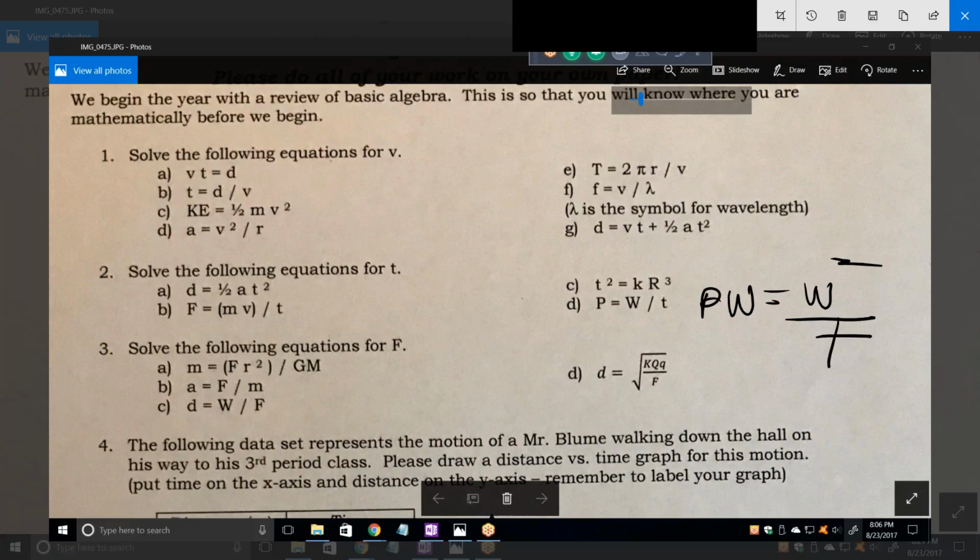So the first step is to get t into the numerator. How do you do that? Multiply both sides by t. Okay. They're giving you a lot of problems that require you to do this step. Yeah.